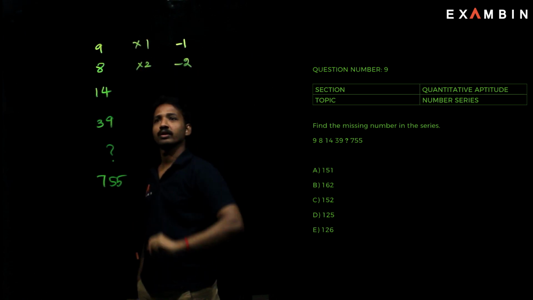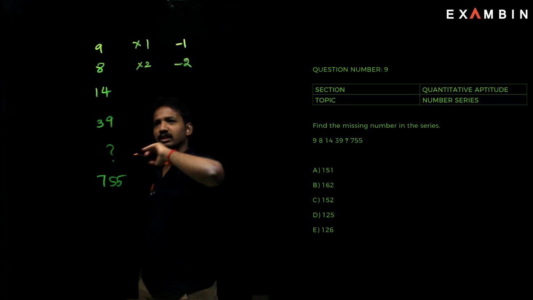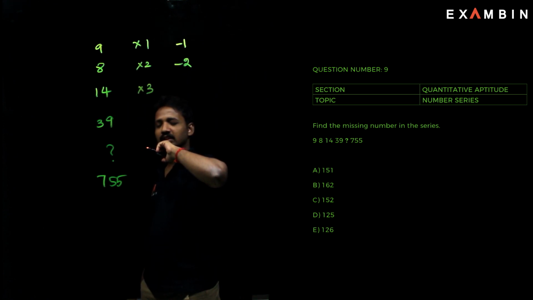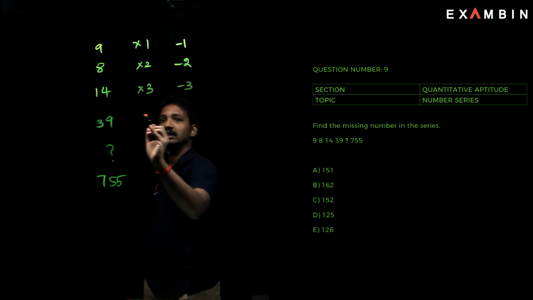So here obviously 14 to 39: 14 into 3, 42, 42 minus 3, 39.